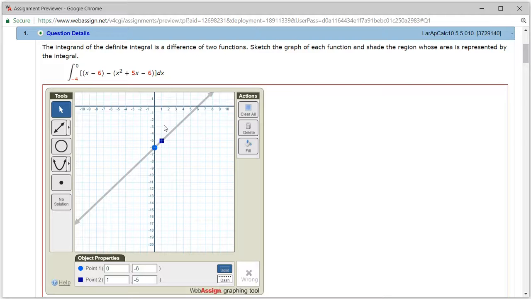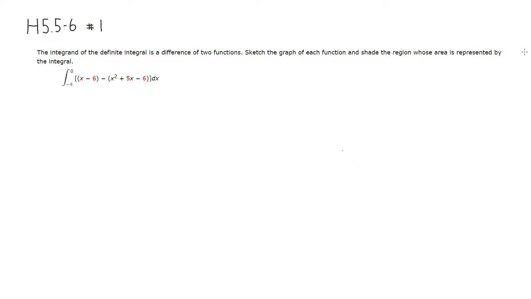Then we want to sketch the graph of this. This is a parabola, so we need to know the vertex. I'm going to go ahead and find that here. You have y equals x squared plus 5x minus 6.